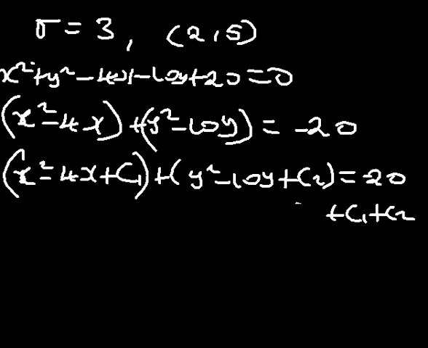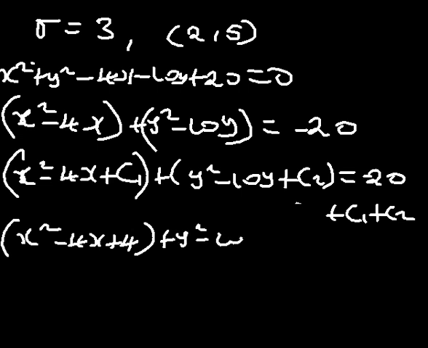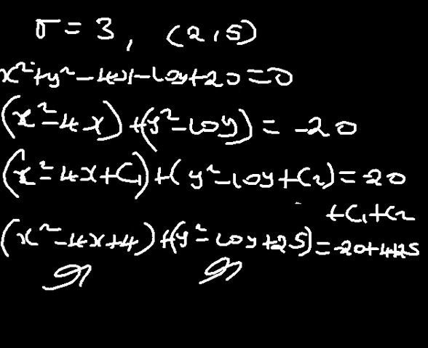So now we have x squared minus 4x plus 4, plus y squared minus 10y plus 25, which is equal to negative 20 plus 4 plus 25. So let's think of eliminating the middle terms in each family, and the sign for the middle terms should be given to the new value of c's. So we'll have x squared minus 4, plus y squared minus 25.